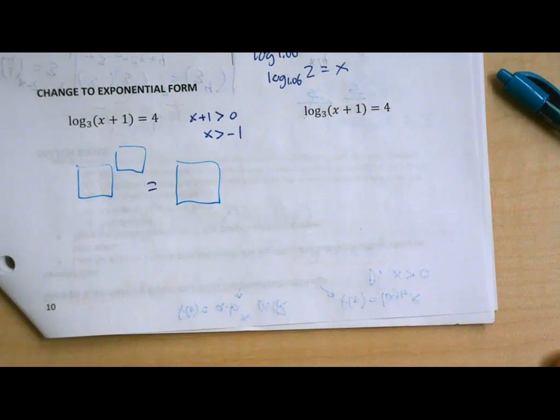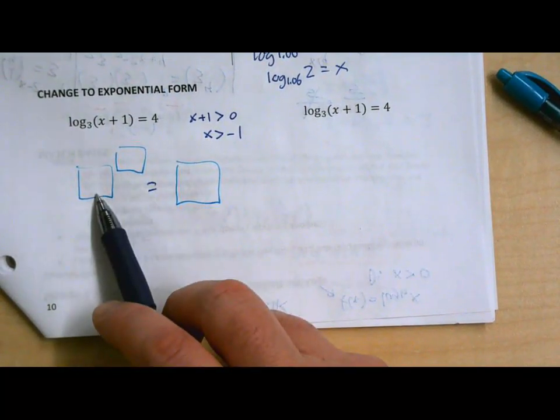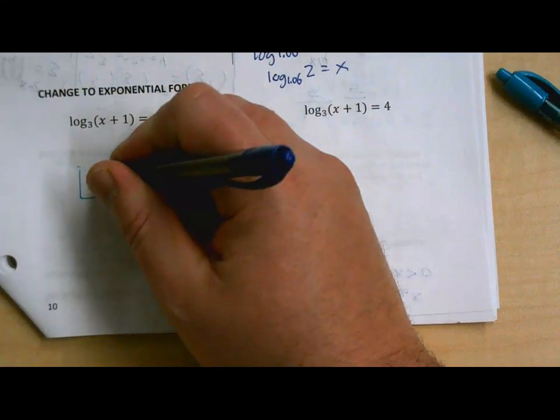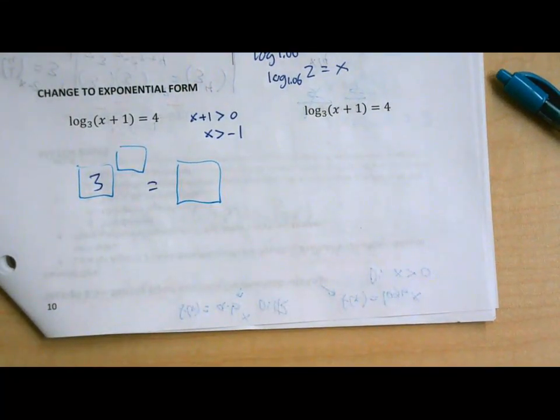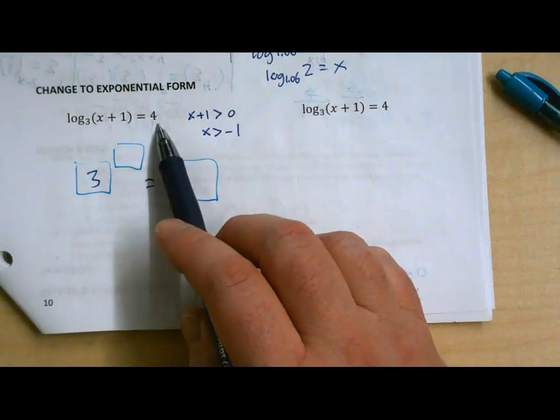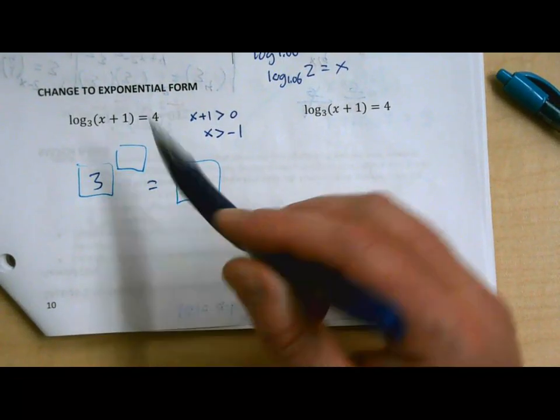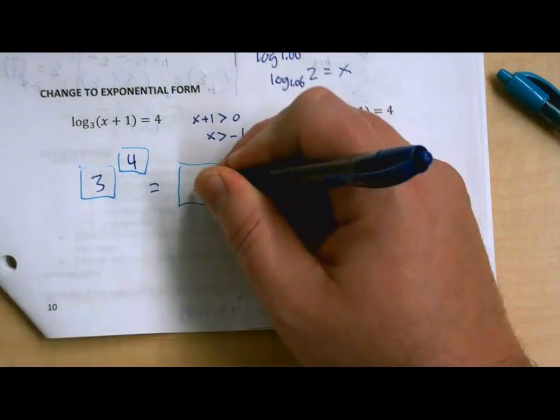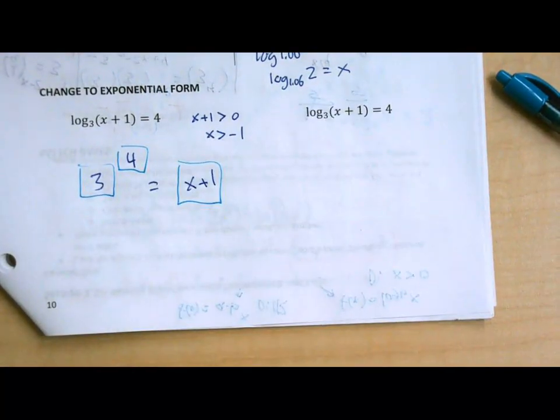Circle of success, or I like to just use the vocabulary. Base goes here. What's the base? Base is 3. The log is equal to an exponent. The exponent is 4. X plus 1 goes over there.